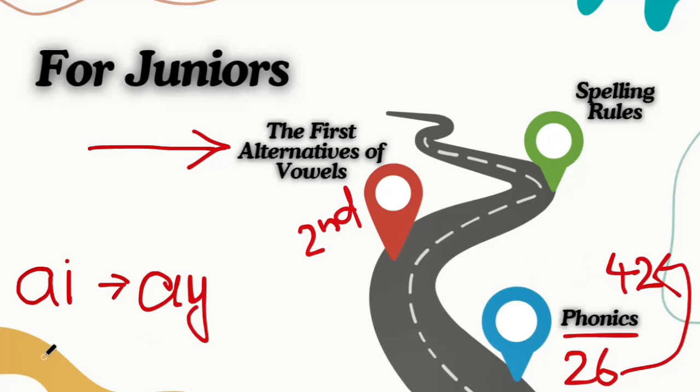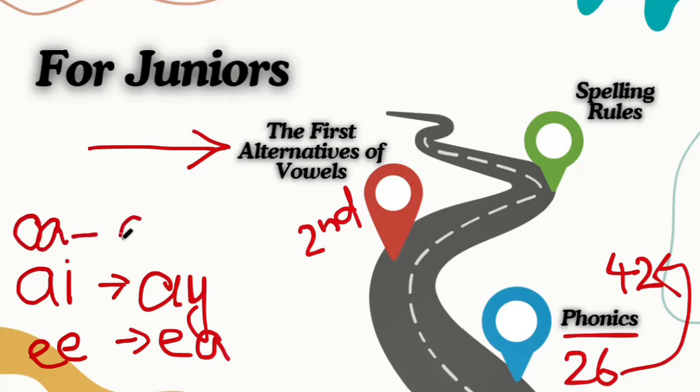If you have taught EE in the 42 sounds, you will teach EA as the first alternative. OA in the 42 sounds, so here you will teach OW. And obviously if there are some rules which these alternative spellings follow, you have to teach them. For example, OA doesn't come at the end of English words, so if you want to write the O sound as in low, below, or slow, you have to go with OW. Similarly, I doesn't stand at the end of English words, so go for AY if you hear the A sound at the end of an English word.